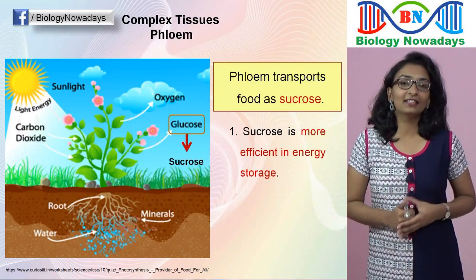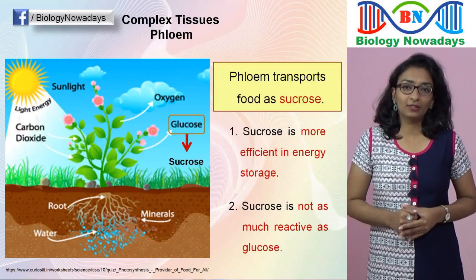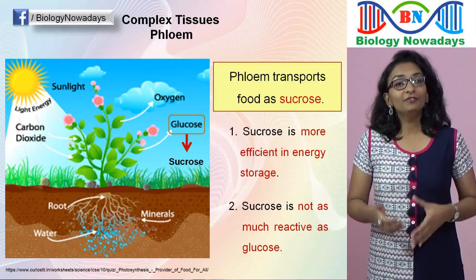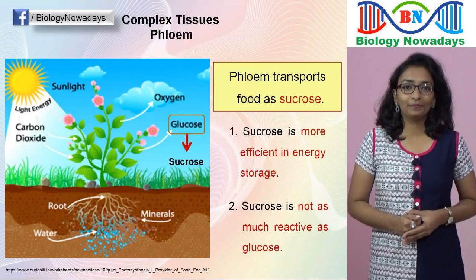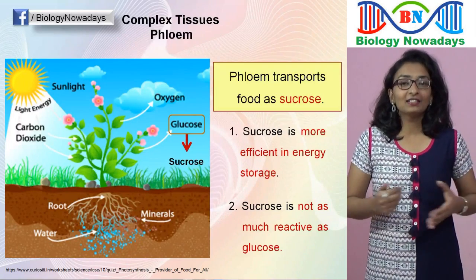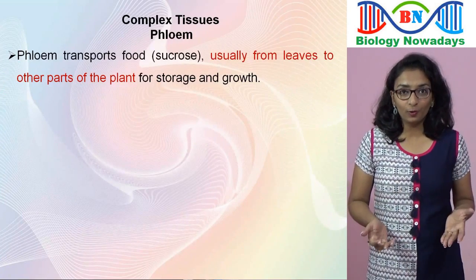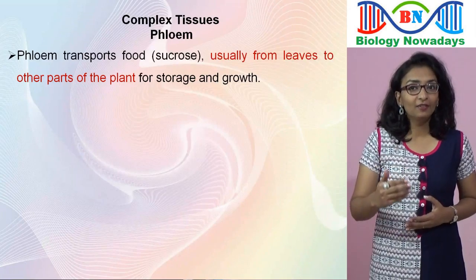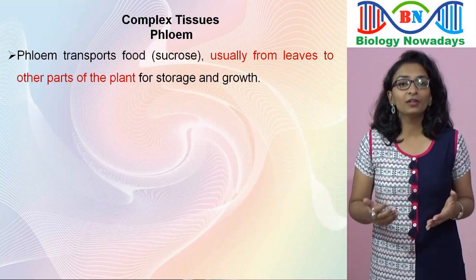And the second reason is that sucrose is not as reactive as glucose. Because of these two reasons, most plants use sucrose for transportation. So we can say that phloem tissue transports food in the form of sucrose, usually from leaves where the food is prepared, to other parts of the plant for storage and growth.